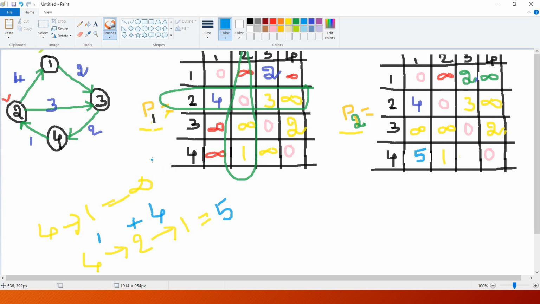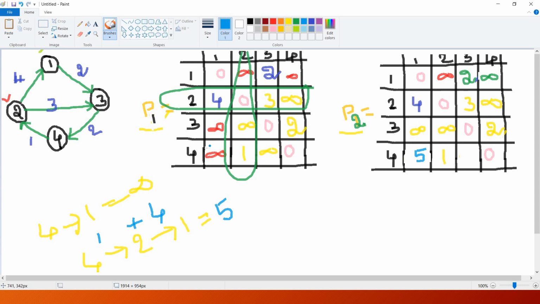Means there is no direct path from 4 to 1, so with the help of some intermediate node 2, we are able to get a path from 4 to 1. With the help of 2 we are able to traverse from 4 to 1 with the total cost of 1 plus 4, which is 5.